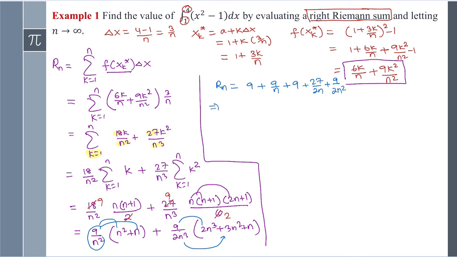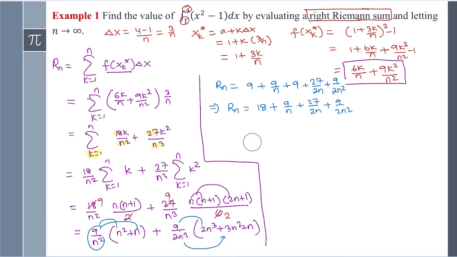So let's just clean this up a little bit. We have r sub n equals 9 plus 9 is 18, plus 9 over n, plus 27 over 2n, plus 9 over 2n squared. Now the definite integral is given by the limit of this Riemann sum.